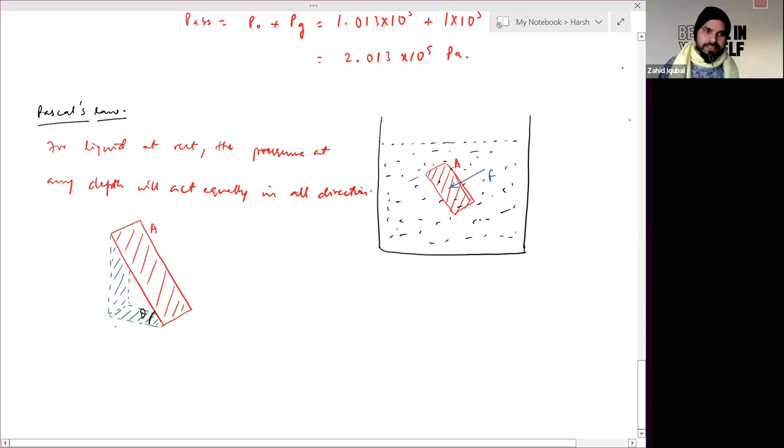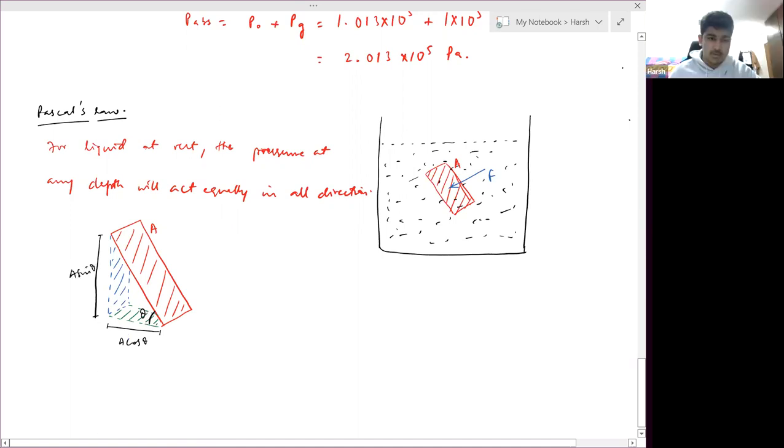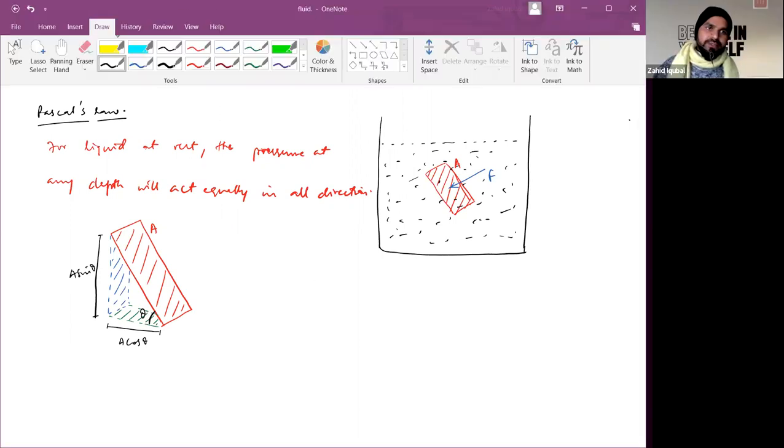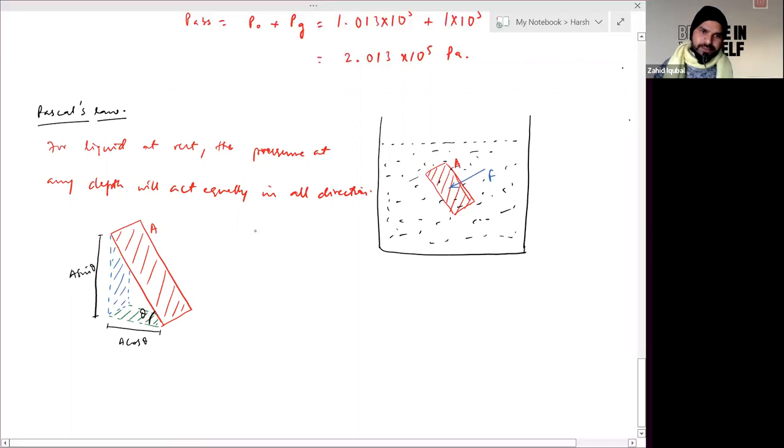So the component adjacent to theta and the component perpendicular to theta, according to this A, will become A cos theta and A sin theta. Is it clear? Similarly, let me define the component of force.